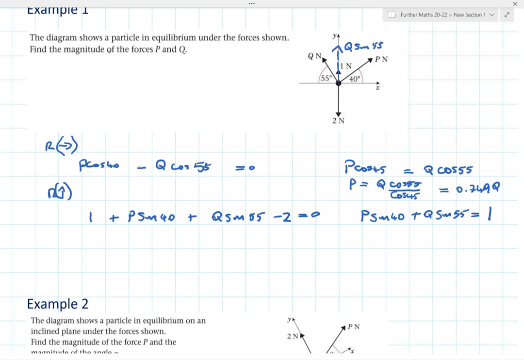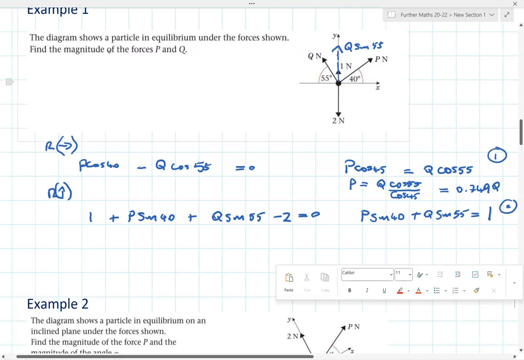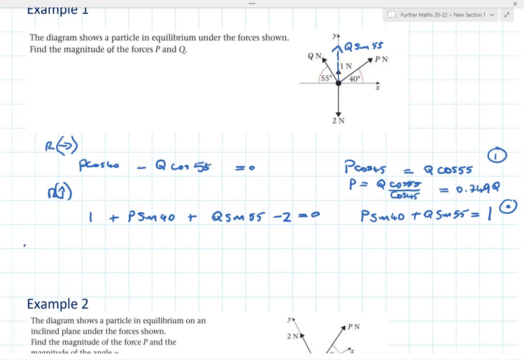So then we can substitute that into this equation here. Let's call this equation 1 and this equation 2. So sub into equation 2.